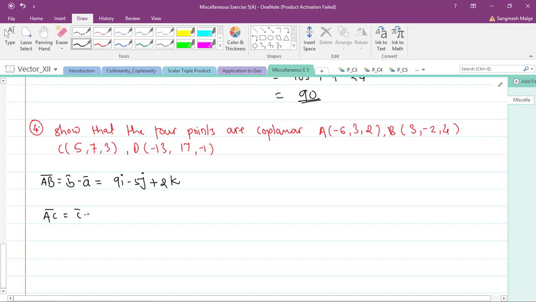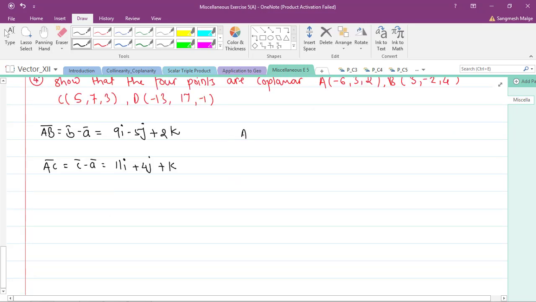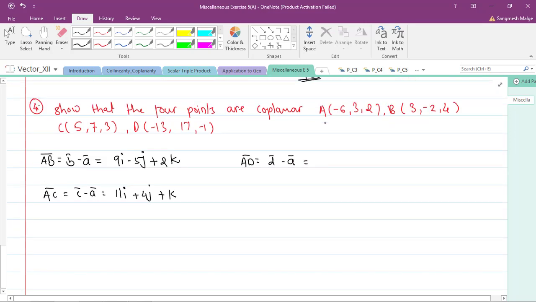AC bar is equal to C bar minus A bar, which is 5 plus 6, which is 11i, 7 minus 3 is plus 4j, then 3 minus 2 is plus k. AB bar and AC bar are done. Now AD bar is equal to D bar minus A bar, which is minus 13 plus 6, so minus 7i, then 17 minus 3 is plus 14j, and minus 1 minus 2 is minus 3k.